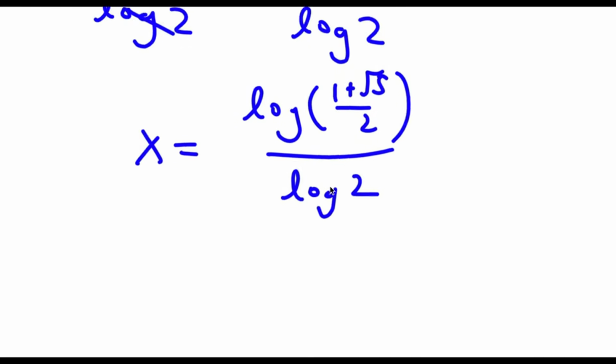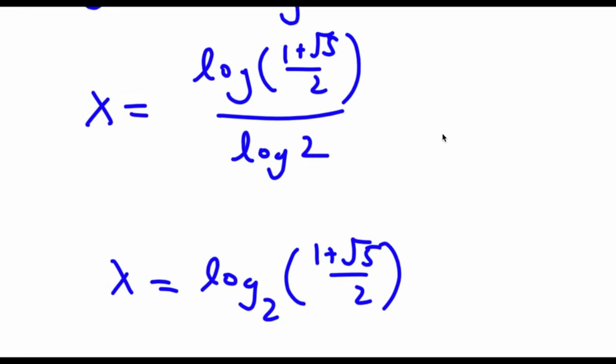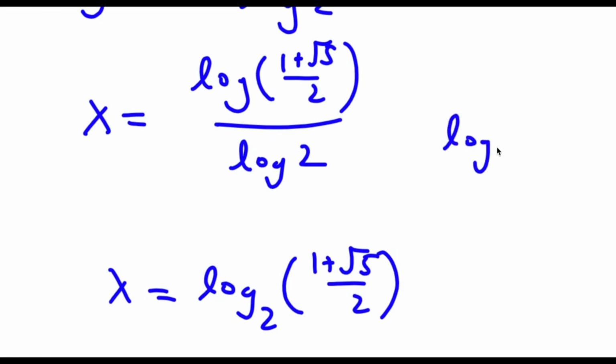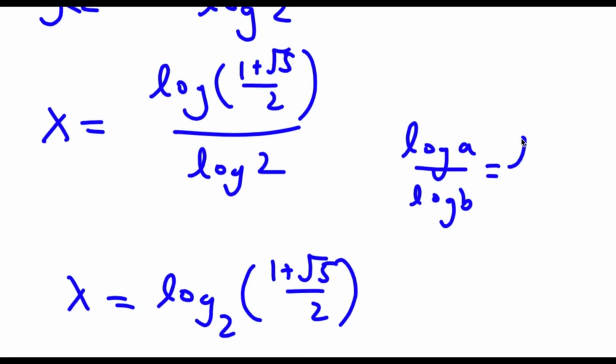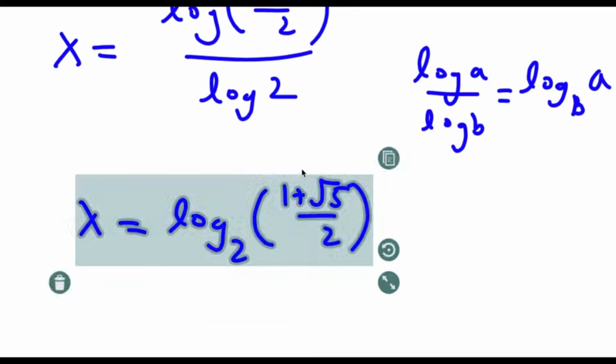So now this is the same thing as log base 2 of (1 plus the square root of 5) over 2. Because if I have something in the form log a over log b, this is simply equal to log base b of a. So this is my solution.